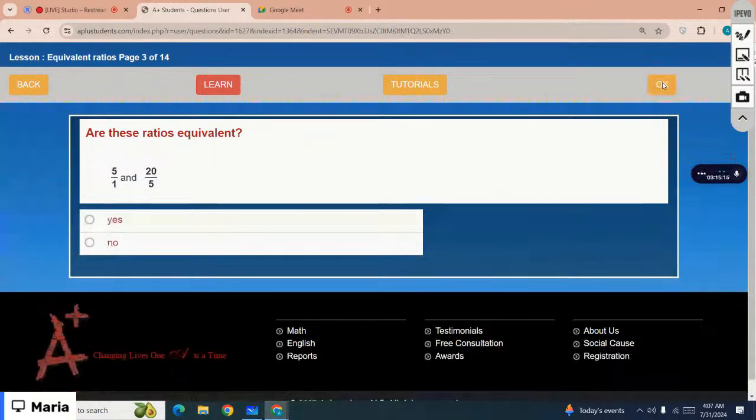Okay, are these ratios equivalent, 5 by 1 and 20 by 5? Which is the correct option?